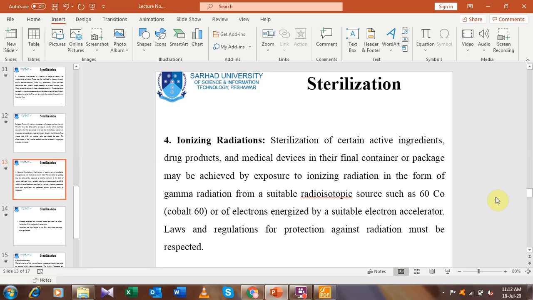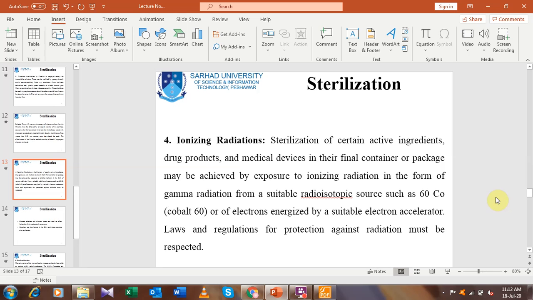The fourth process is termed ionizing radiation for sterilization. Sterilization of certain active ingredients, that is active pharmaceutical ingredients or APIs, drug products, formulations and medical devices in the final container or package may be achieved by exposure to ionizing radiation in the form of gamma radiation.